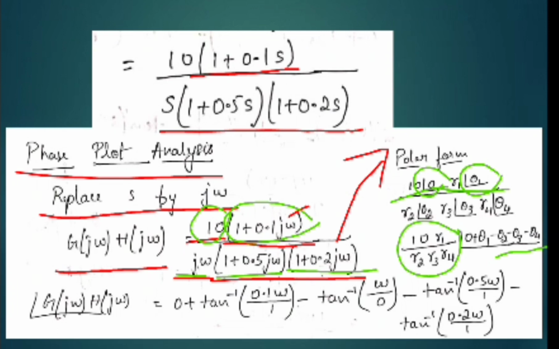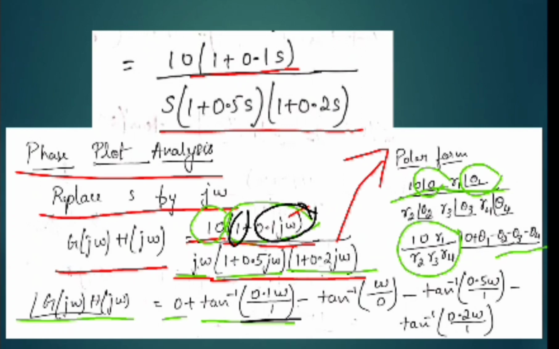So now writing the angle of G(jω)H(jω), we get for 10 the angle is 0, and then plus theta 1, which is nothing but tan inverse of y by x. The y term is the coefficient of j, which is 0.1 omega, and the x value is 1. So 0.1 omega divided by 1.